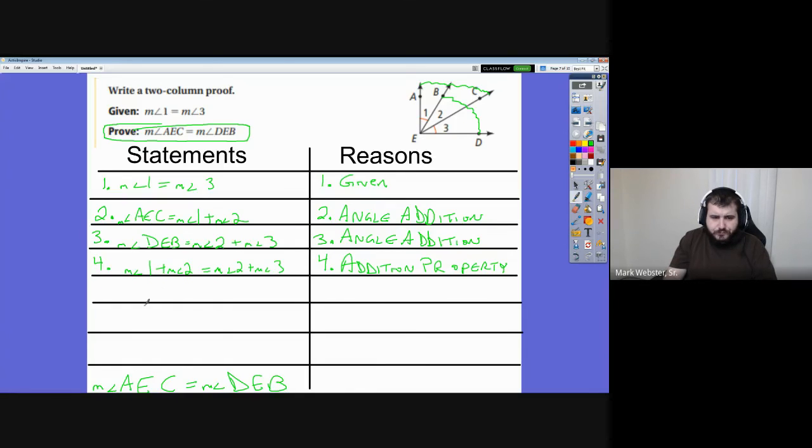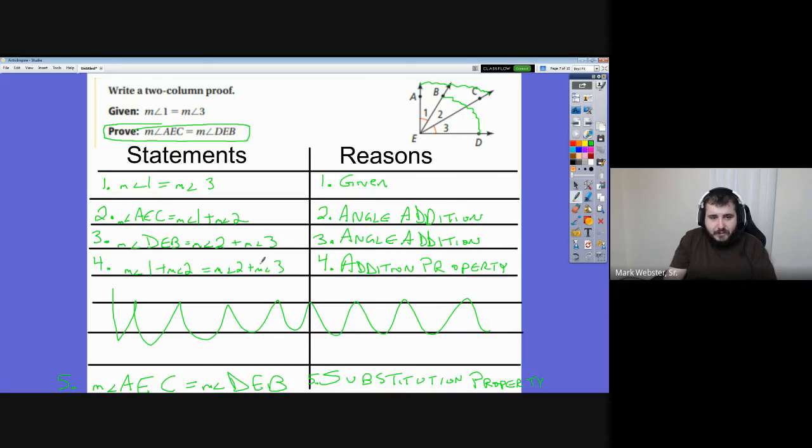So I actually don't need any more space here because now I can just say with the substitution property, this is step 5, because I can take AEC, substitute it in for angle 1 and angle 2.